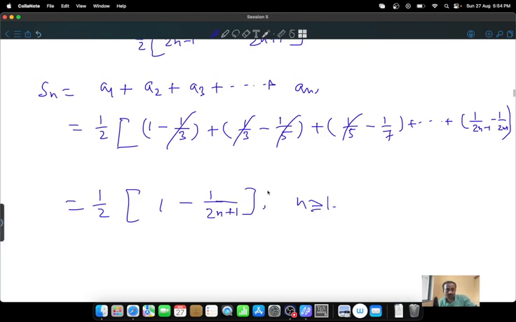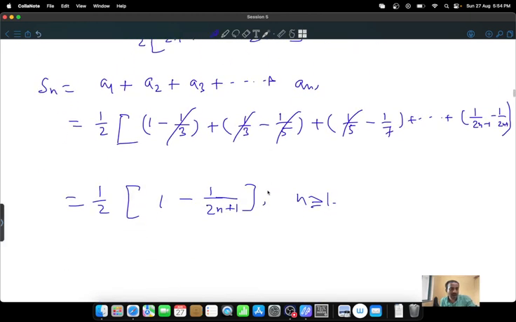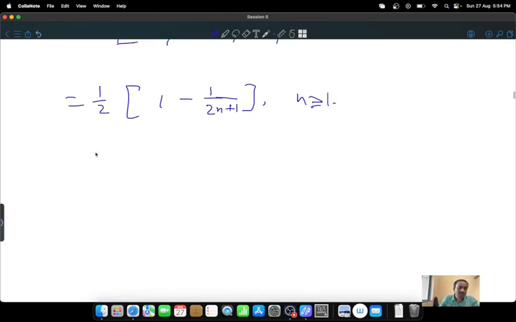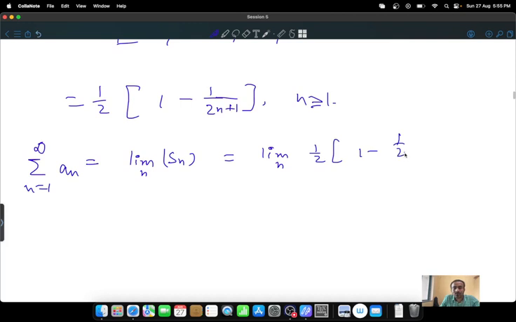Now what is the sum of the series? That is nothing but the limit of the partial sum sequence. So the summation from n equals 1 to infinity equals the limit of the partial sum sequence, right? What is the partial sum sequence? I have arrived at half times 1 minus 1 by 2n plus 1, and if you take the limit, the second term tends to 0 and the result is half.